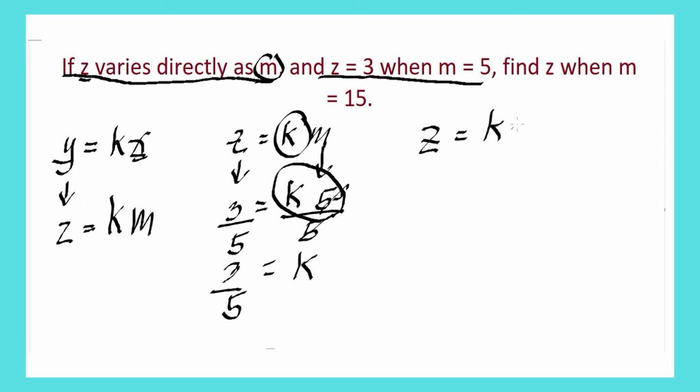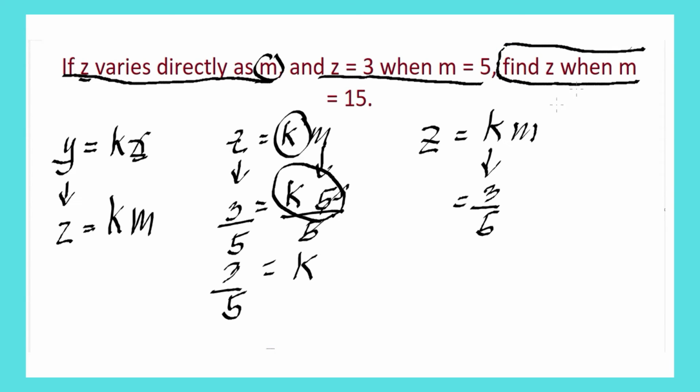All right. Now, using again the same equation, z is equal to km, we have now the value of k, which is 3/5. But we are going to use the second situation. It says here, find z when m is 15. We already solved the value of k, which is 3/5. We have the value of m, which is 15.